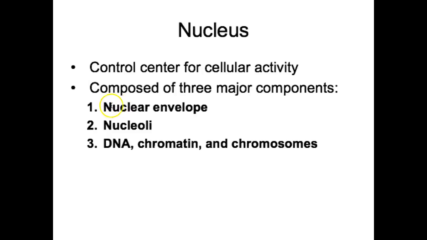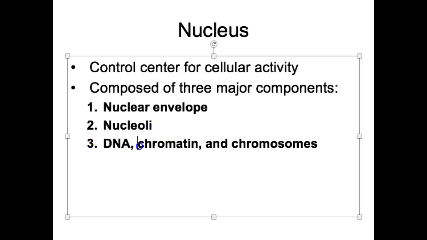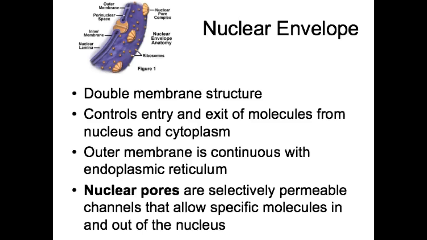So the nucleus is made of the nuclear envelope, which has two phospholipid bilayers, nucleoli, and DNA, which is either in a state of chromatin or chromosomes. Both chromatin and chromosomes are forms of DNA. I think we have covered all of that.